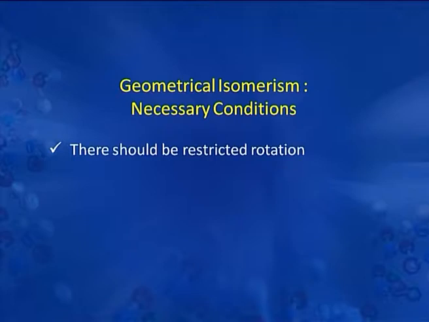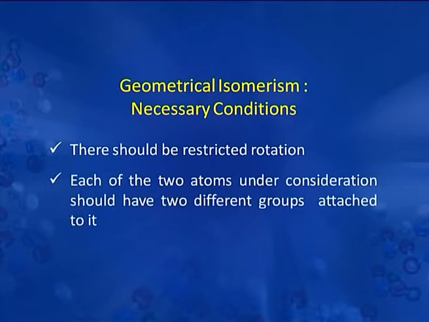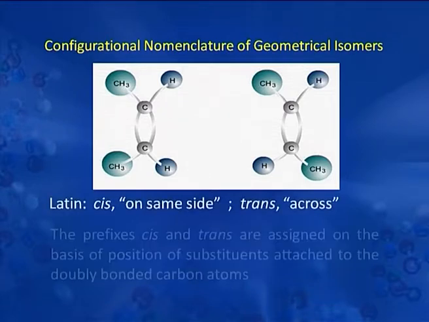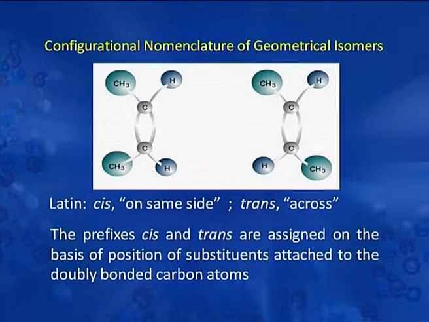One is that there should be restricted rotation, and second, the two atoms under consideration should have two different groups attached to them. Then we discussed that these isomers are assigned the configuration as cis and trans on the basis of the substituents which are present on them.